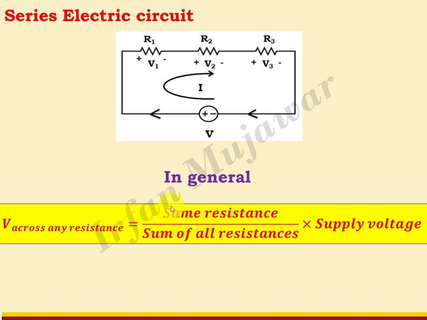Whether number of resistors that are connected in series may be 3, 2, 4, any number, this rule is applicable. One more thing is that this voltage divider rule is applicable not only for DC circuit but also for AC circuit. But in that case, instead of resistance in general, we have to take it as impedance.